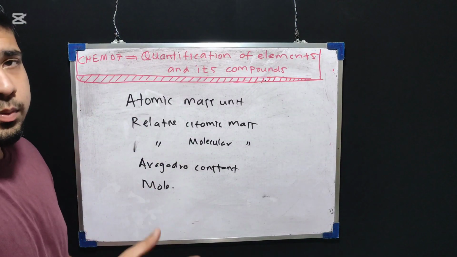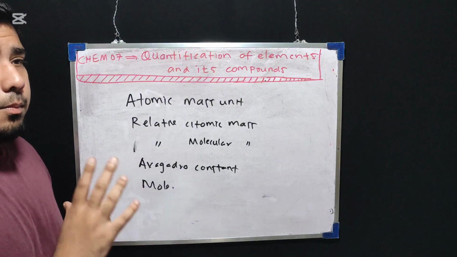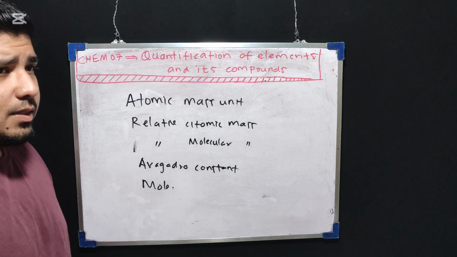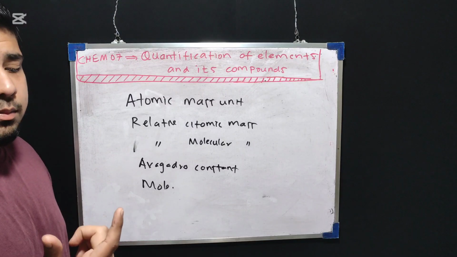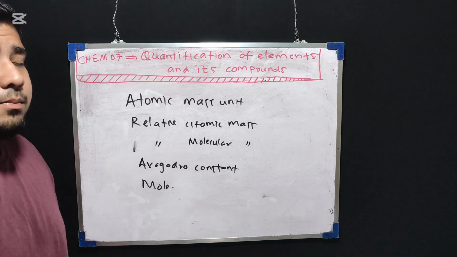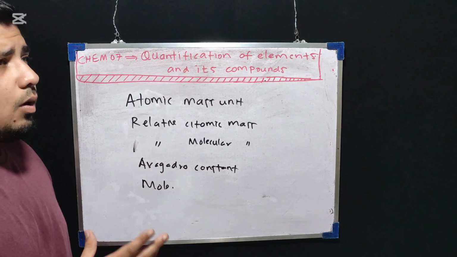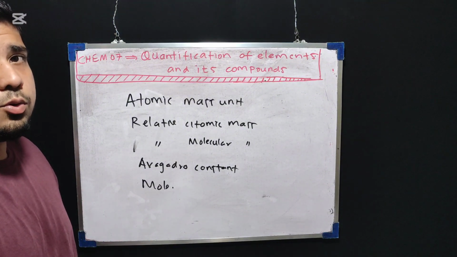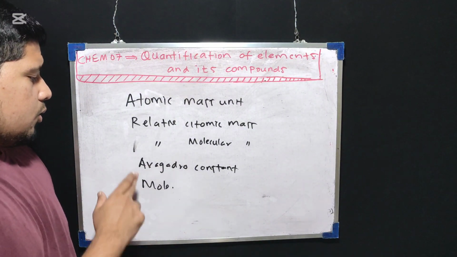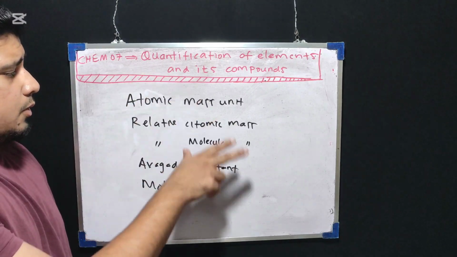Now, what is this topic about? This topic is mainly related to measuring the mass of atoms, which are the basic unit of matter. How are we going to measure the atoms? What are the units that we are going to use? We are going to discuss all these things.